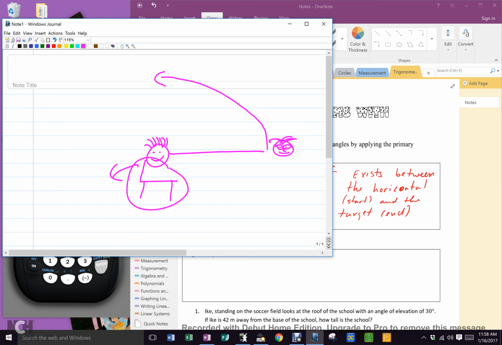In which case, his eyes would be over here, yes? But remember, angles of elevation are from the horizontal up. So even though Carlin is leaned back, the angle of elevation is actually there. Everybody understand?